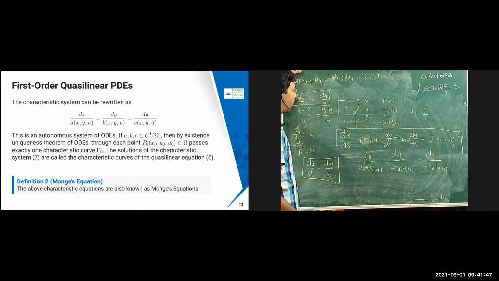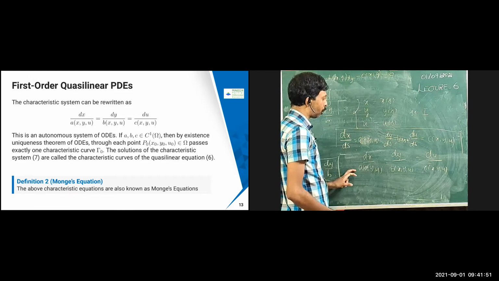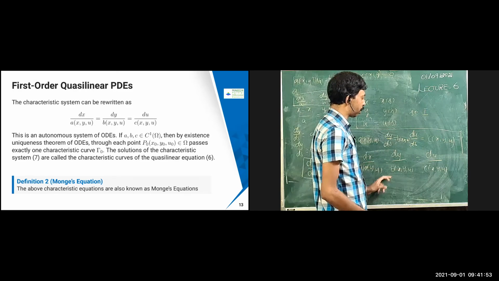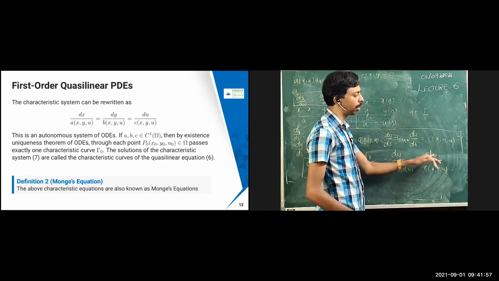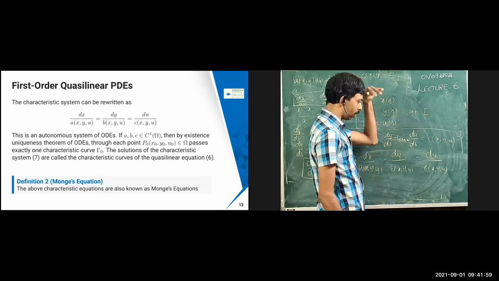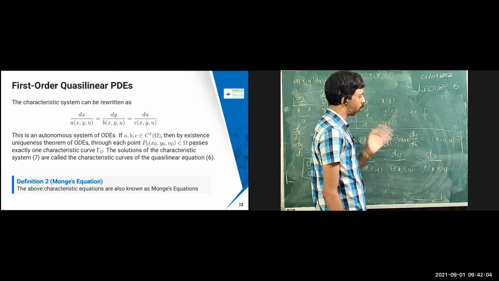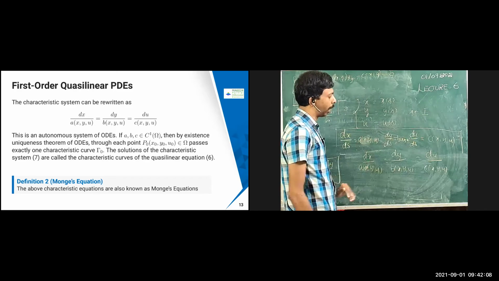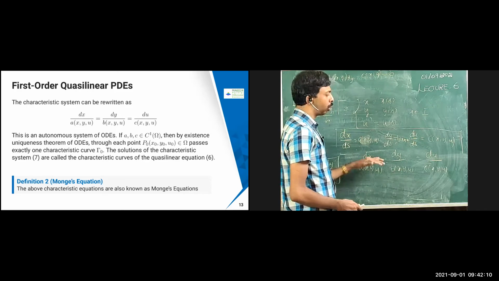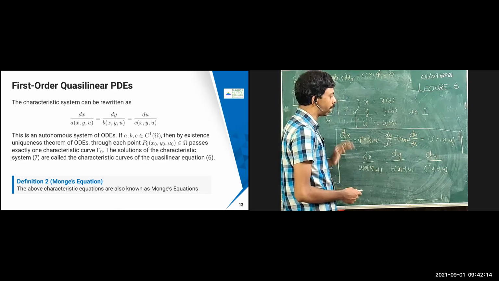They will simply write dx by a of x comma y comma u equal to dy by b of x comma y comma u equal to du by c of x comma y comma u. Mostly they stick to z, not even u, because they imagine z as the solution surface. Then they apply some fraction techniques and solve it.